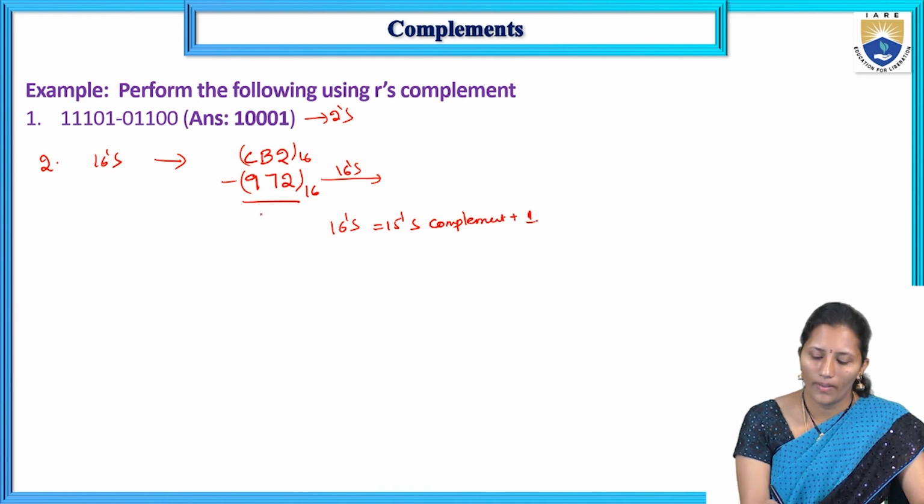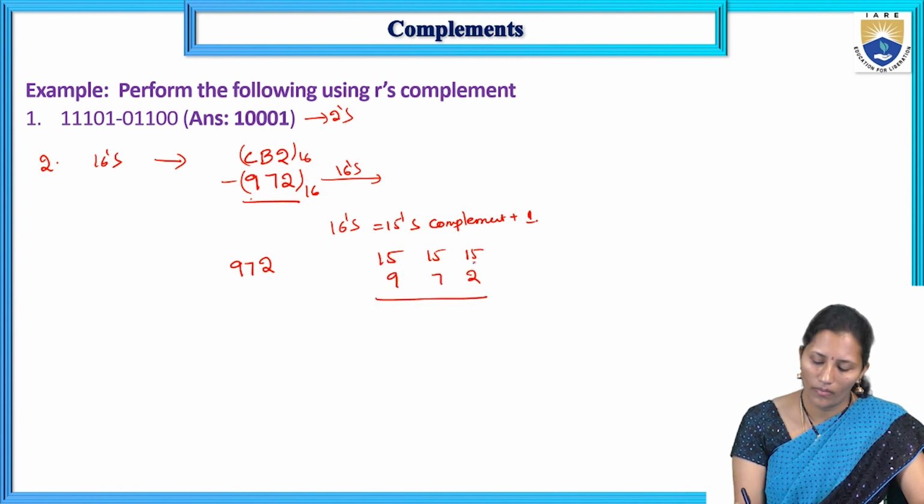To get the 15's complement of 972, each digit should be subtracted from 15. 15 minus 2: 15 is F, so F minus 2 is D. 15 minus 7 is 8. 15 minus 9 is 6.